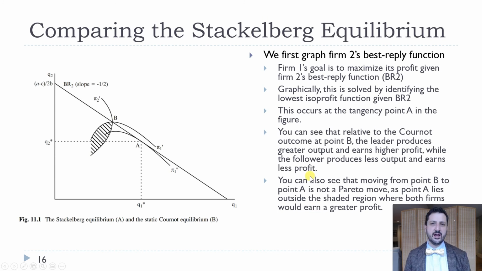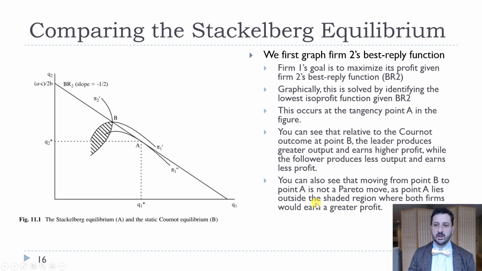If we compare the Stackelberg equilibrium with the static Cournot equilibrium, the static Cournot equilibrium would be here at point B, where they produce the same amount. But now, Firm 1 is going to be producing more and Firm 2 is going to be producing less, and moving from point B to point A is not a Pareto move.